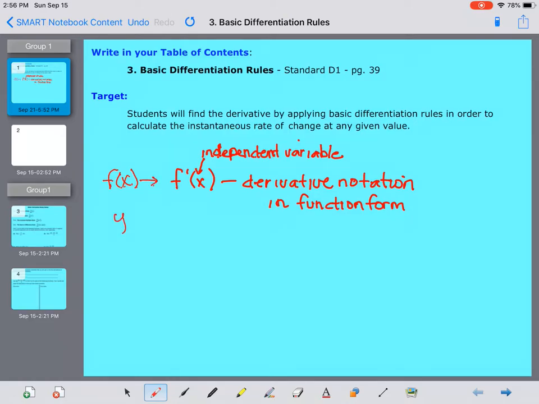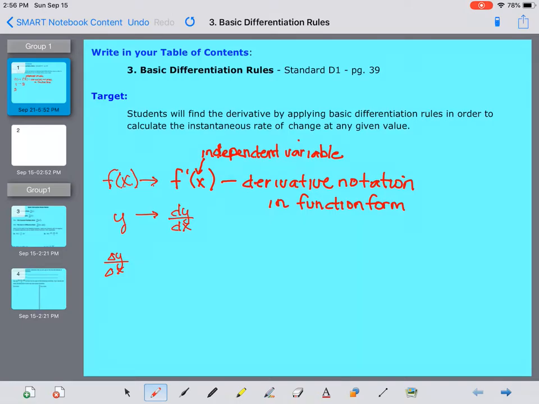If we're in just basic y form, we use dy dx. Now that notation, if we think about what it is we're doing when we're finding the instantaneous rate of change, that idea of change in y over change in x, we kind of read that as delta y over delta x, which makes sense why we're using a d here.